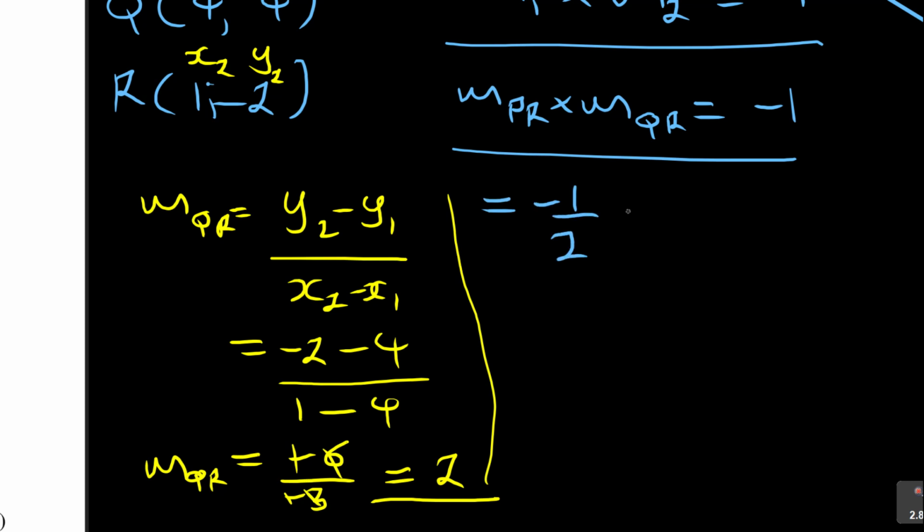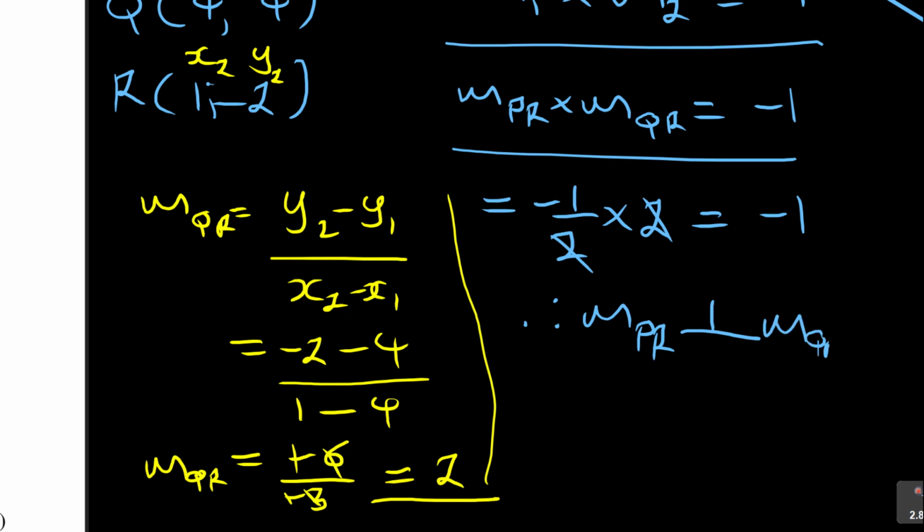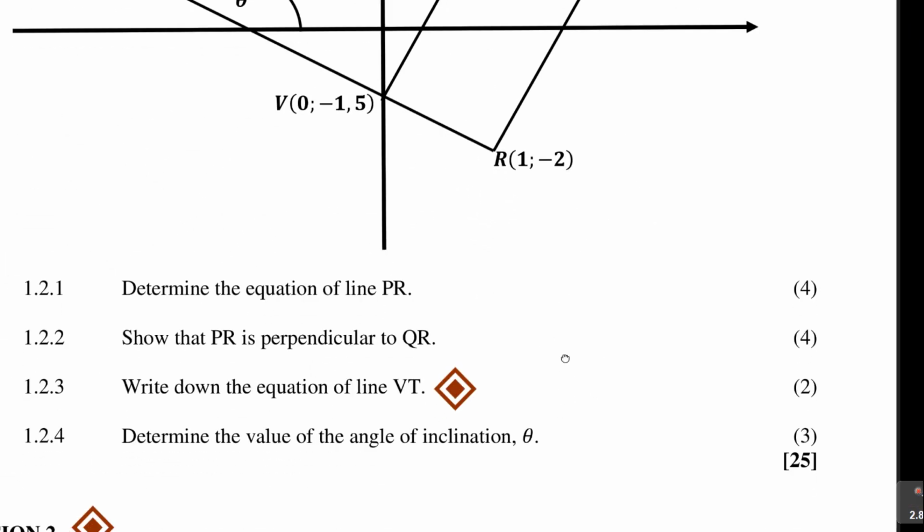Therefore, PR is perpendicular to QR. We have proven it. All right, moving on.